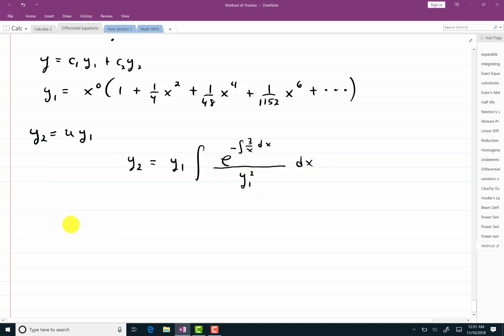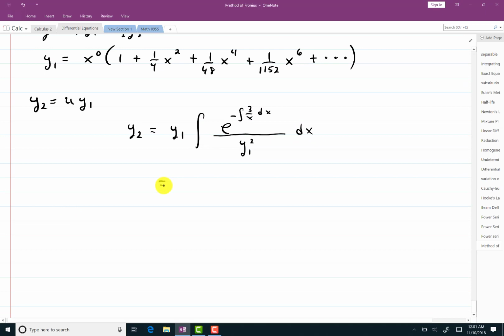If you integrate this, this will be e to the negative 3 ln x, or it'll be x to the negative 3, so we'll end up with x cubed in the denominator. y1 was 1 plus 1/4 x squared plus 1 over 48 x to the 4th plus 1 over 1152 x to the 6th, plus that goes on forever.